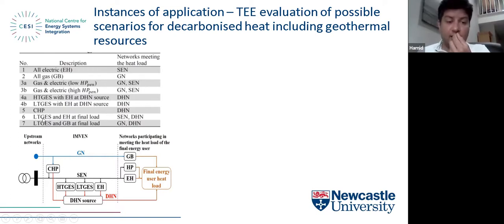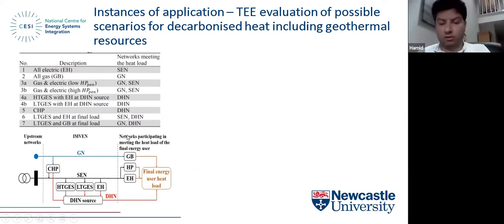And if we have low temperature geothermal with electric heater, in these configurations the electric heater was at the district heating network source in case the geothermal can't meet the demand. But in this one, the electric heater is at the final load to meet the rest of the heat demand. And also if we have low temperature geothermal, and we use gas boilers from the gas network to meet the rest of the heat demand.